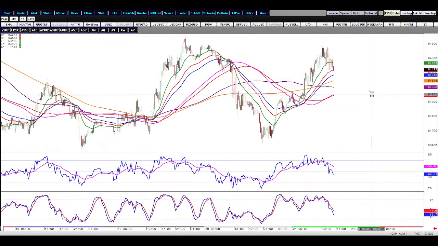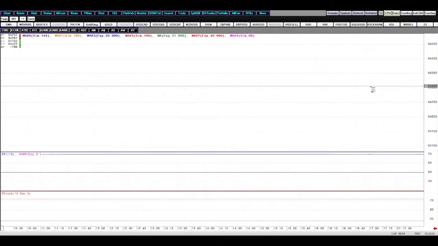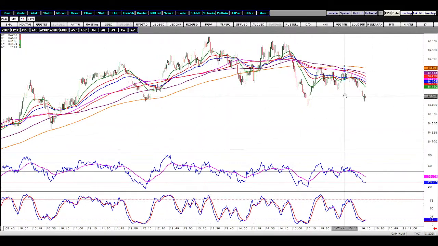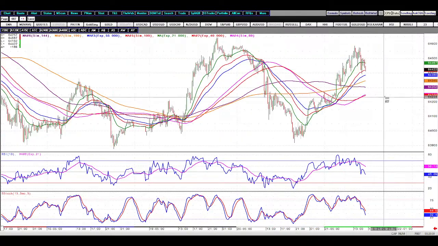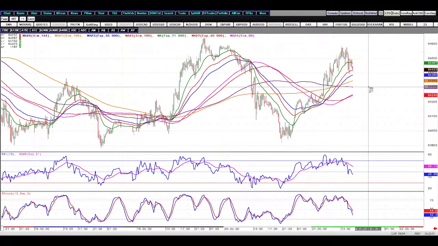This is in a congestion on the 15 minute, a range on the 1 minute, and the trend direction is to the downside as long as the price doesn't go above 55 and 60. So we have to wait for this low to break, then we can see a price target of 64.30 or 64.20.